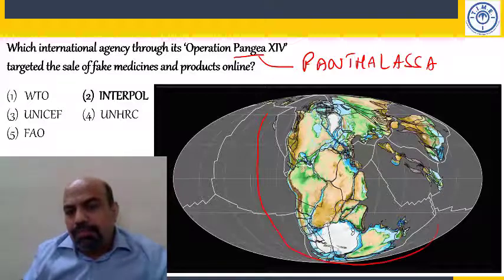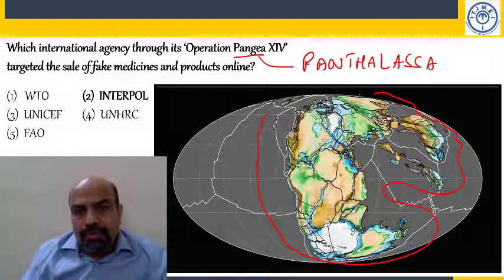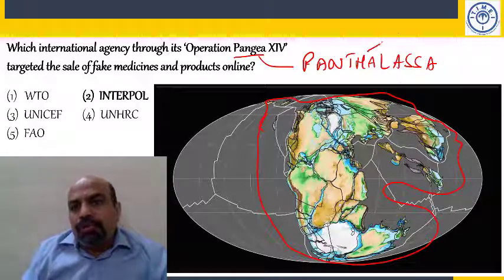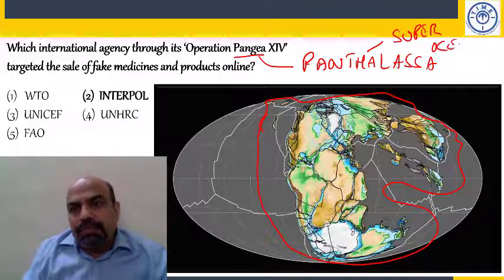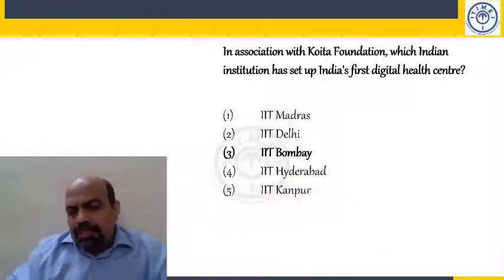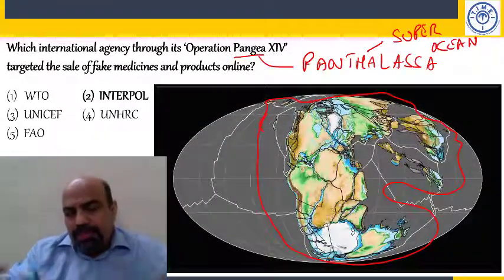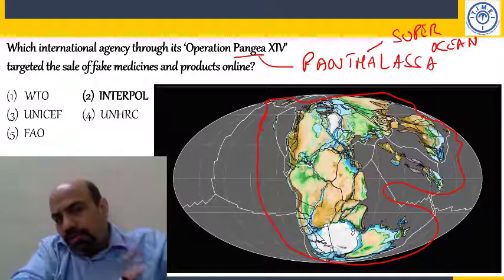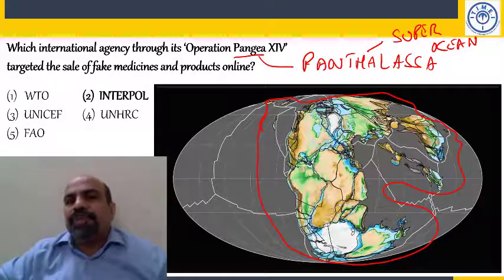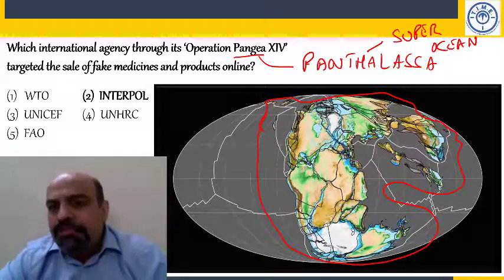You see this here? A super ocean. So one continent, one super ocean. As the continent spread, obviously, the water bodies had gaps and they became local water bodies.